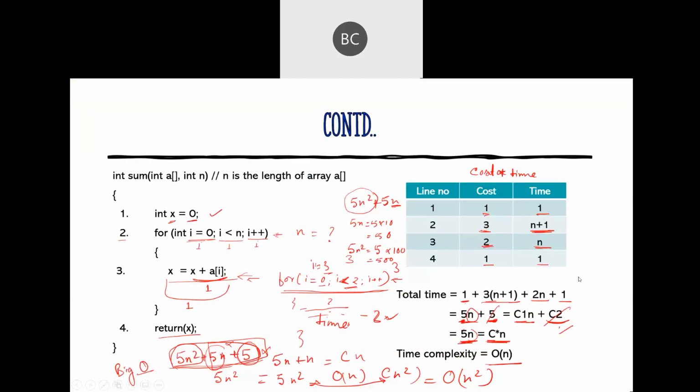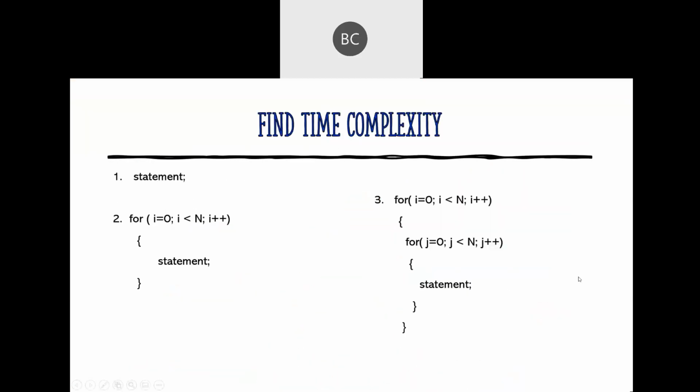Back to here again. So this is another way. Write down this thing and think of it as homework. You need to find the time complexity for these two algorithms. 1, 2, 3. Write it down and let me know. Next class I will show.